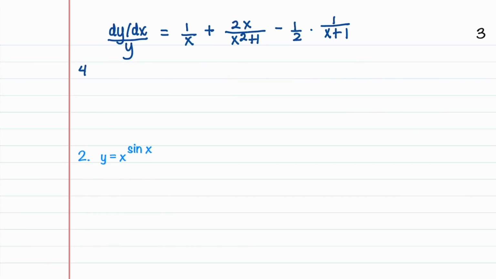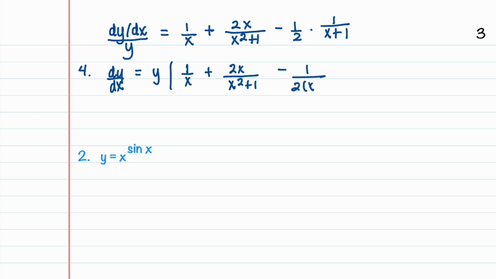Now we're at step 4, where we are going to solve for dy dx. So we're going to take the y that's sitting in the denominator and take it to the right-hand side. So we have dy dx is equal to y times 1 over x plus 2x, all divided by x squared plus 1 minus 1 over 2 times x plus 1. Now the last thing we have to do is substitute back in what y is.